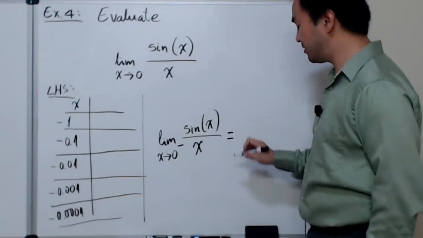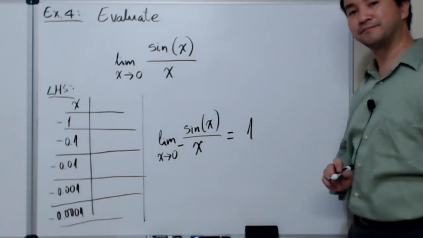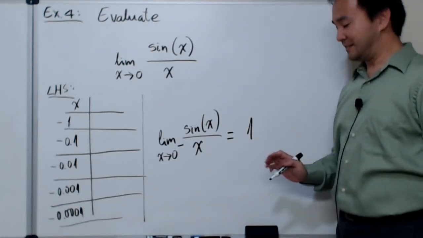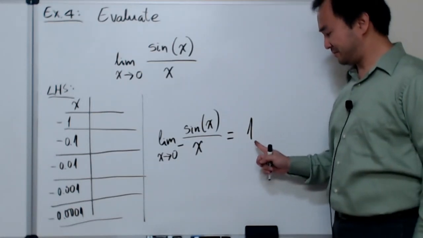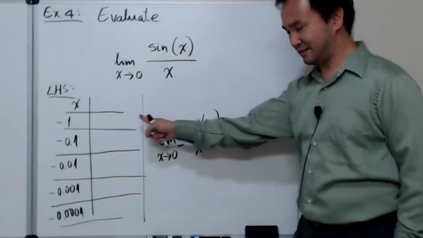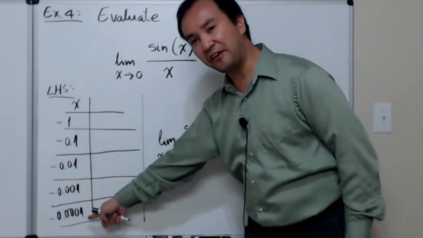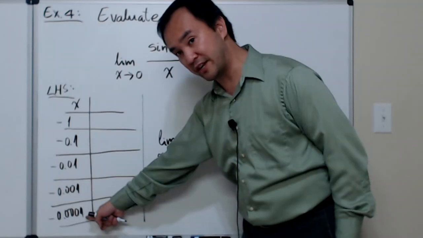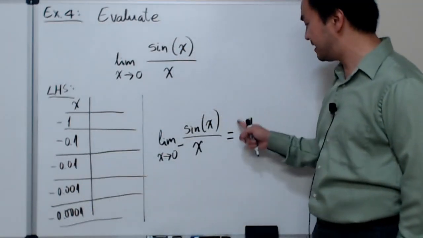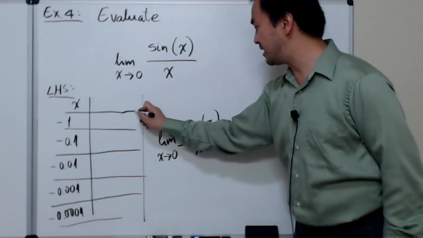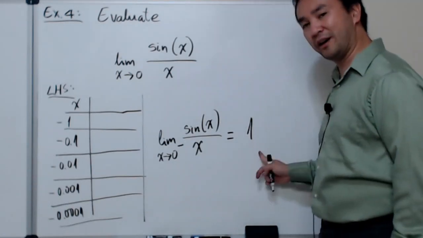Wasn't your prediction 1? If you didn't get 1, double check your calculation, but I'm sure that after about 5 steps getting pretty close to 0 from the left-hand side, all of your output values should be getting close to 1.